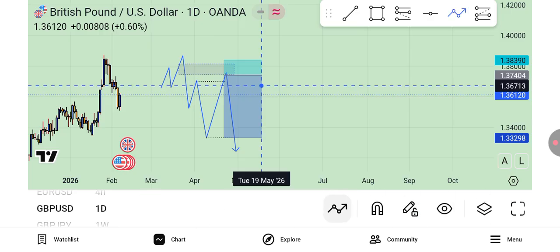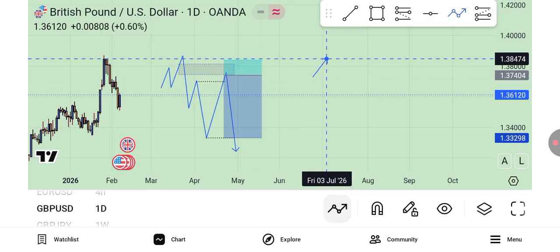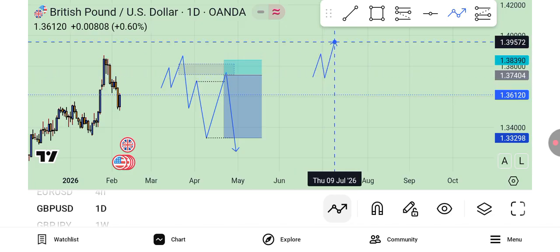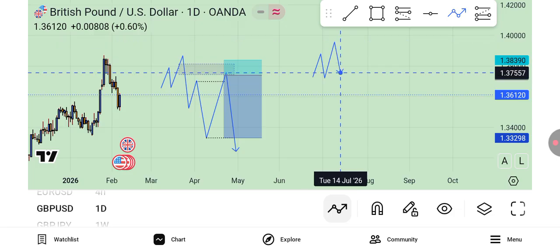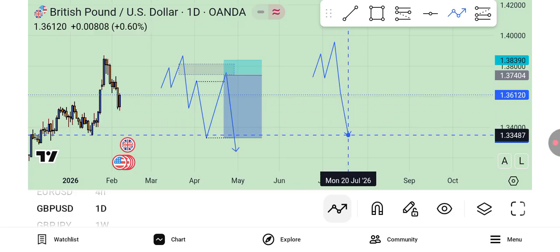The second model is this pattern again. The market breaks structure to the upside and then disrespects the low. You understand? It disrespects the low.